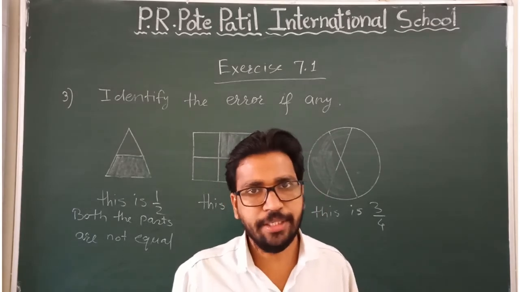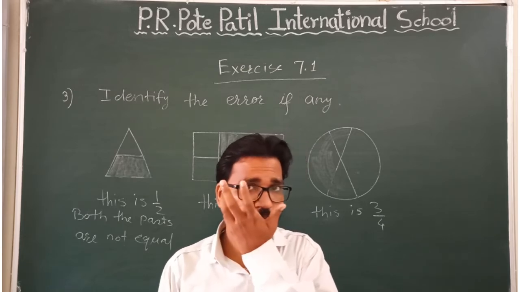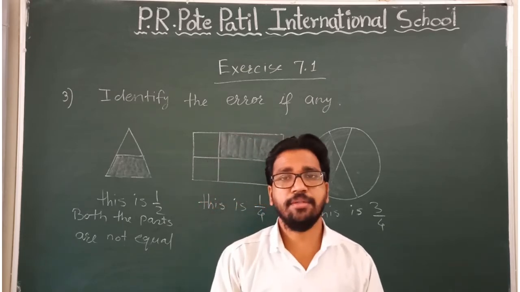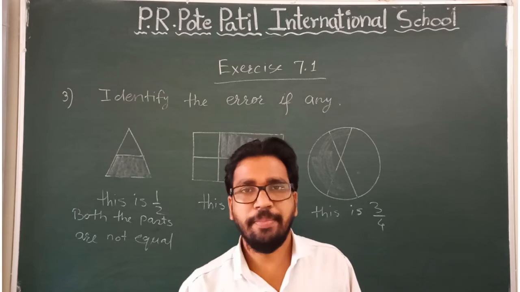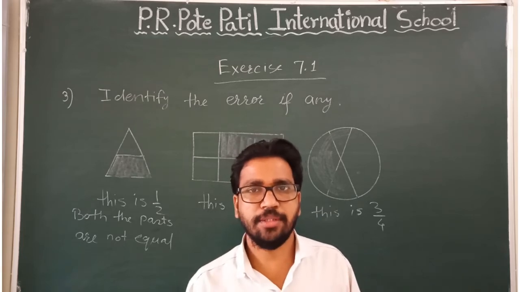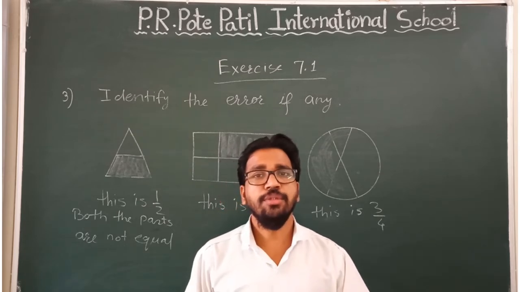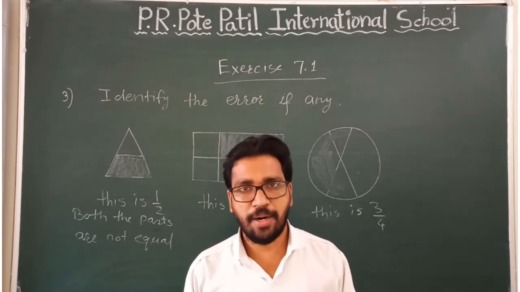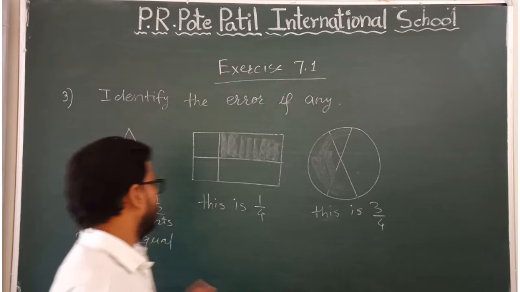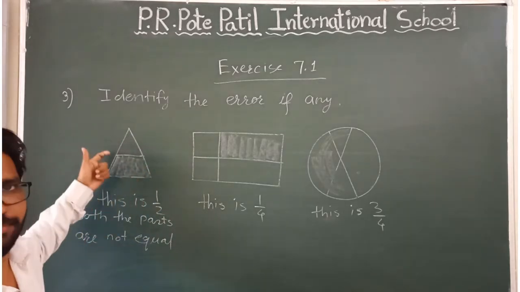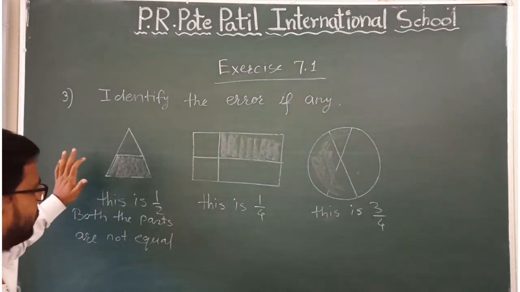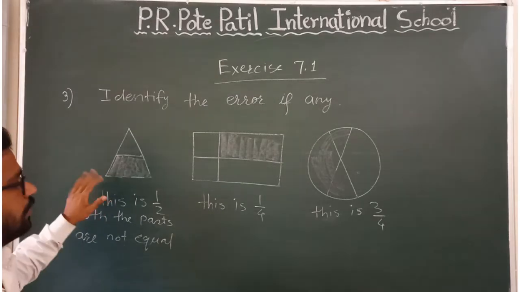Equal parts. It does not matter how many parts there are, suppose 1 part, 2 parts, 3 parts, 4 parts, 5 parts, 100 parts, we have to see equal parts. But here both the parts are not the same, that's why it is not half.